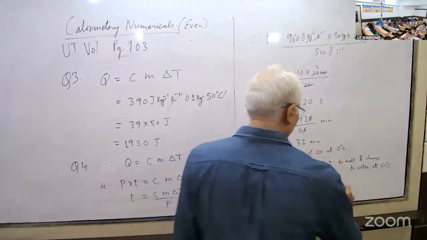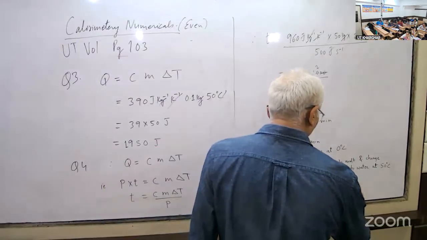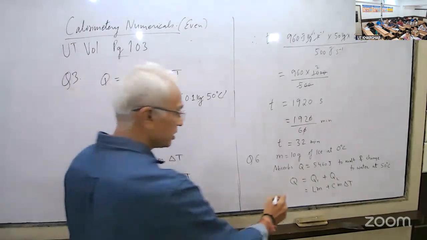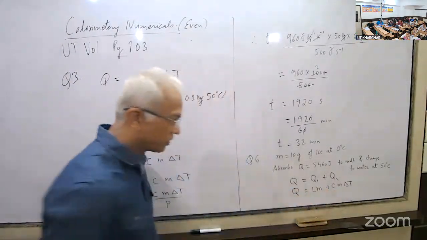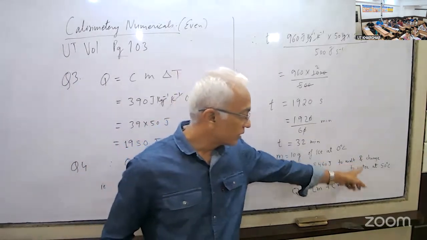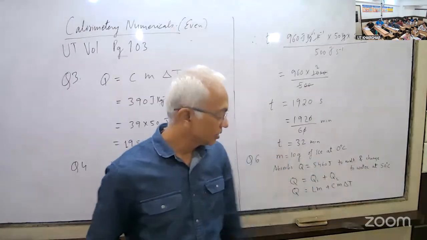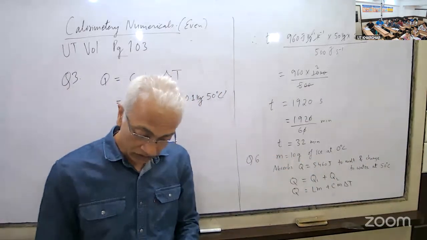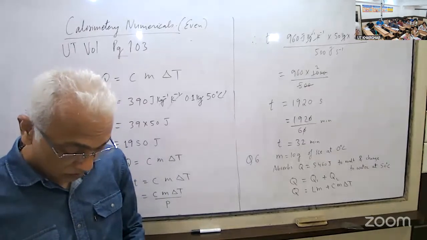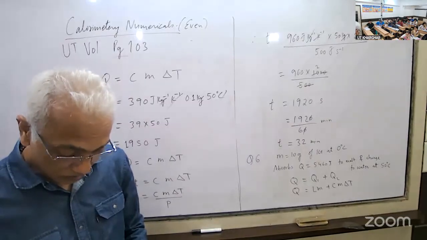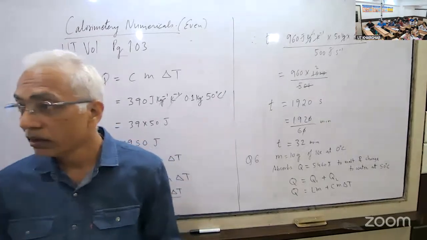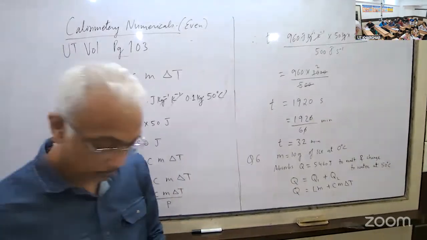And Q2 will be Cm delta T. So the total heat supplied will be used first in melting the ice at 0 degree and then changing that 0 degree water to 50 degree. So what will you do here? L is given in the question. So what is L? Latent heat of fusion of ice. How much is that? It's not given in the question. 336. Okay, so take that.